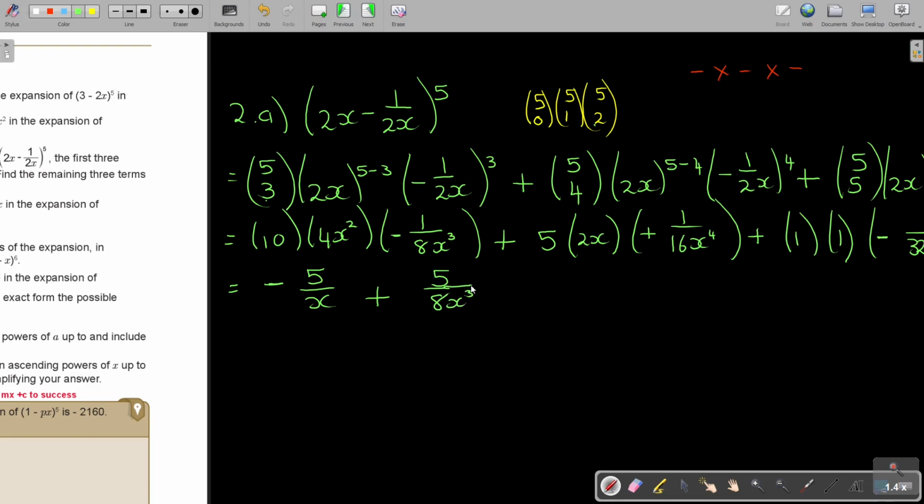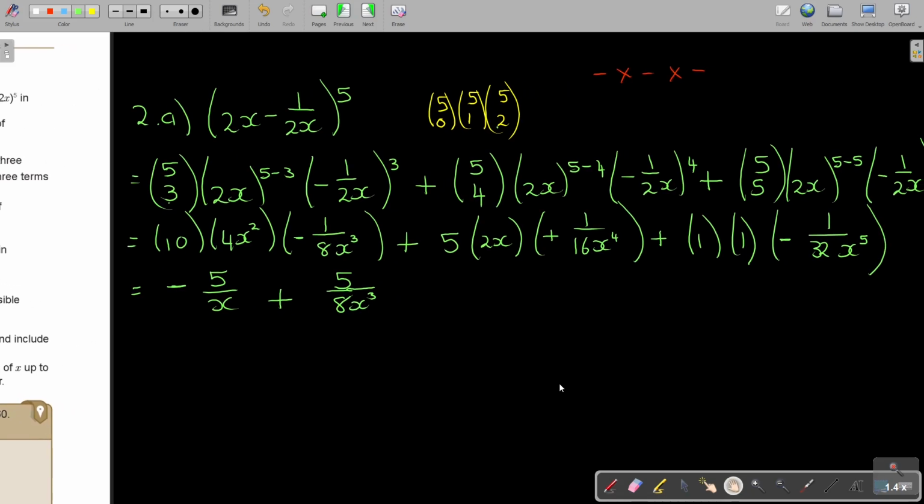And then the final one is 1 over 32, and it's x to the power of 5. If it starts with negative, the signs are making turns. So that's the next 3 terms.